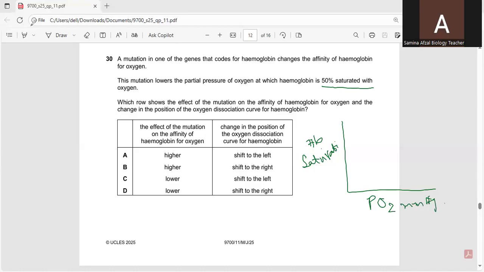A simple curve is just like this, an S-shaped curve. When the affinity of hemoglobin for oxygen is higher, the curve will move towards the left. So according to this, A is the correct option.